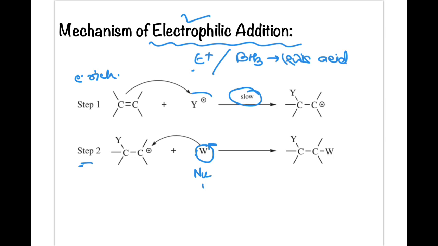Because first the electrophile adds. Whichever species adds first will decide the name for that reaction. Alright, so similarly for a carbonyl, because the electron density is low on the carbon, a nucleophile is invited over here, and that's why we call it nucleophilic addition.